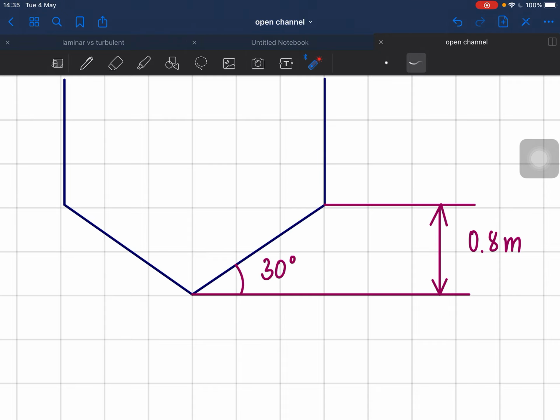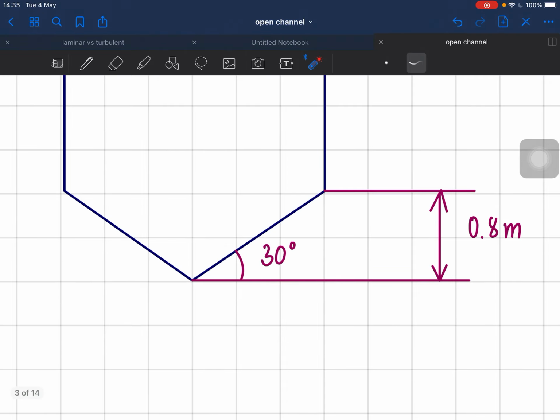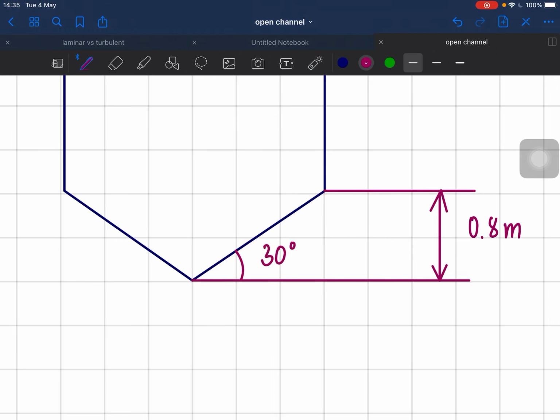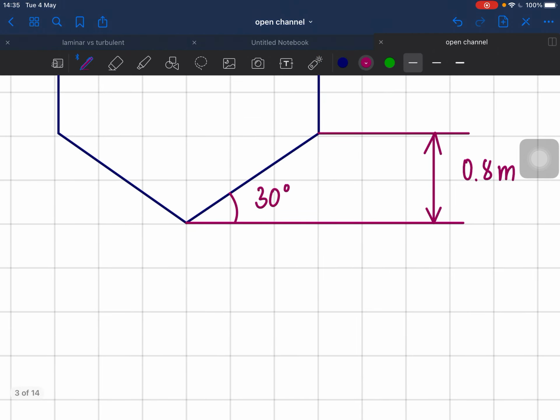This is a right triangle. We have one 90 degree angle, another is 30 degrees, and this is obviously 60 degrees, but we're not going to use that value. So the base here equals 2 times the base of the little triangle.